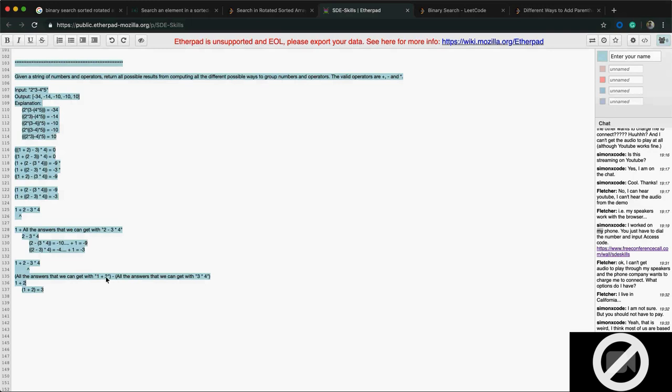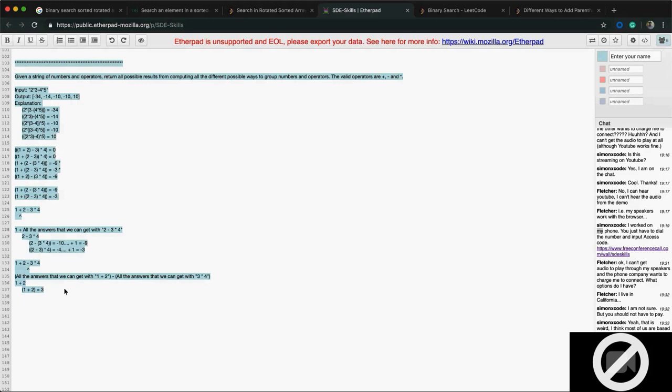Because if your string is on the left, we are saying all the answers that we can get with the string 1 plus 2. So 1 plus 2 is the only string. There is only one way we can put the parentheses around this to make it a valid equation, which is this one. So we will get the 3.